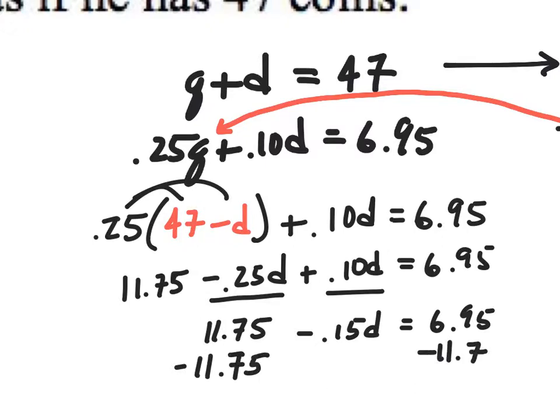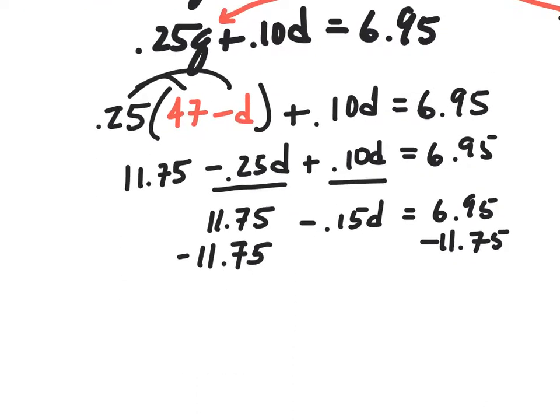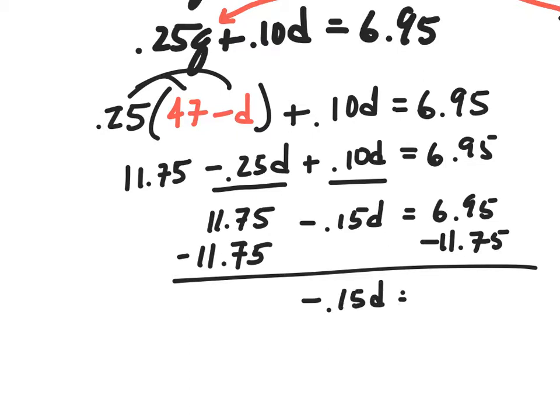On the next step, I get negative 0.15 D is equal to 6.95 minus 11.75, and that's going to give me negative 4.8.